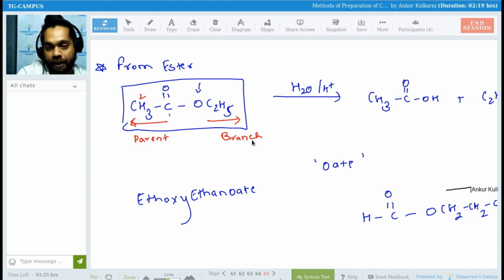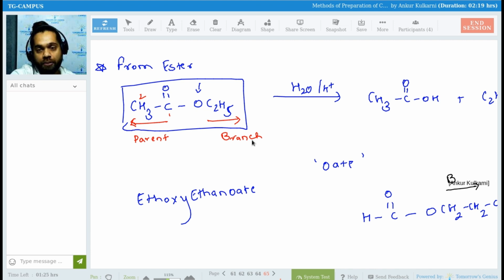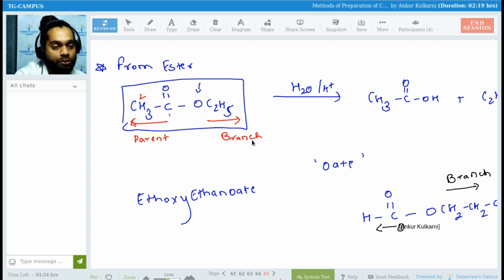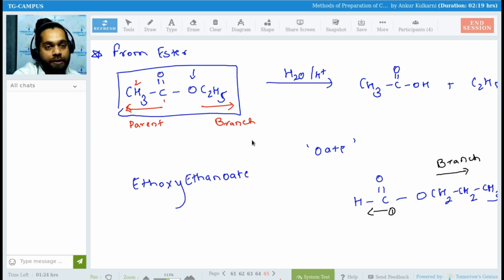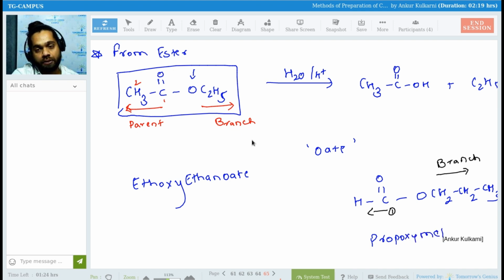So the point is, no matter how many carbons are there after the oxygen, that is considered a branch. This is your parent chain. One carbon is methane, so it becomes methanoate. Correct, Prashanti? It will be propoxy methanoate.